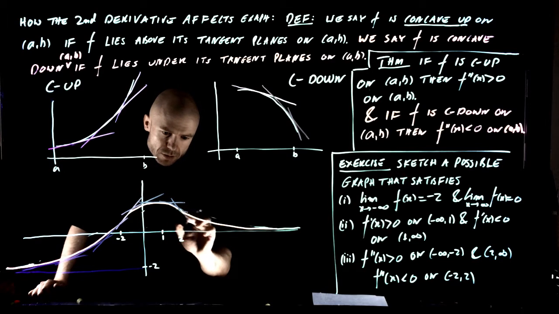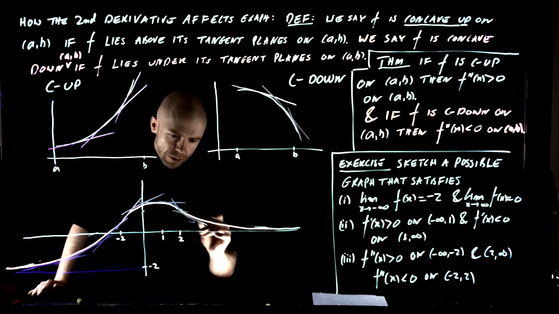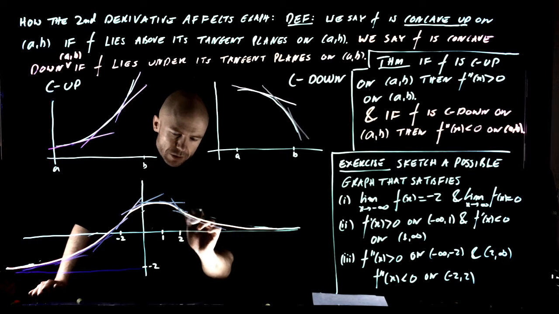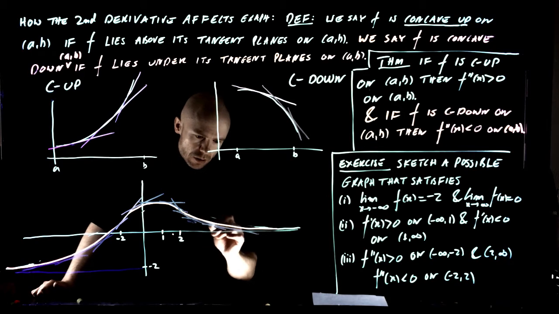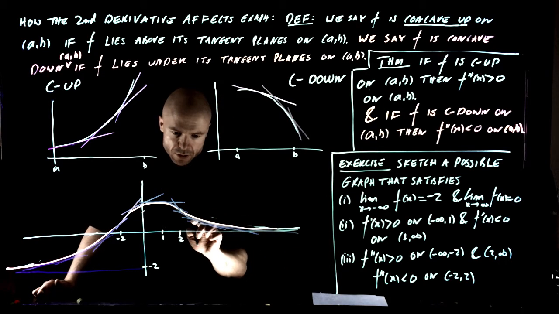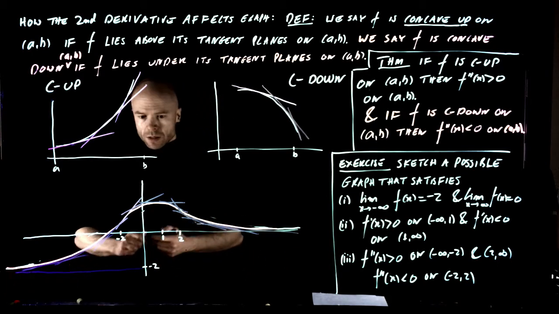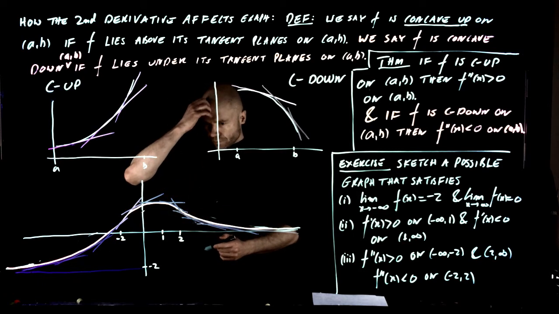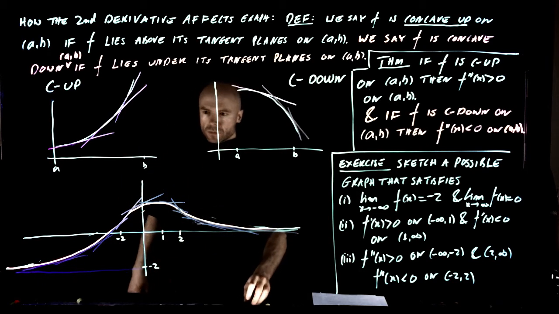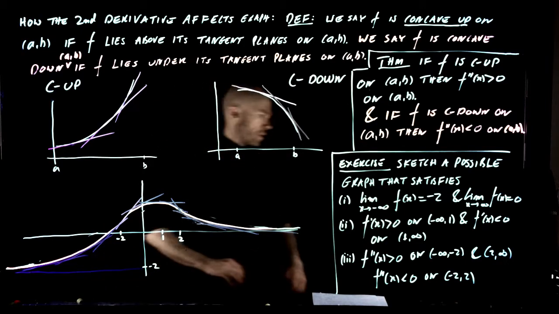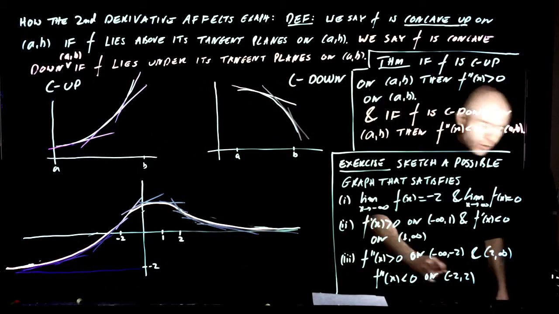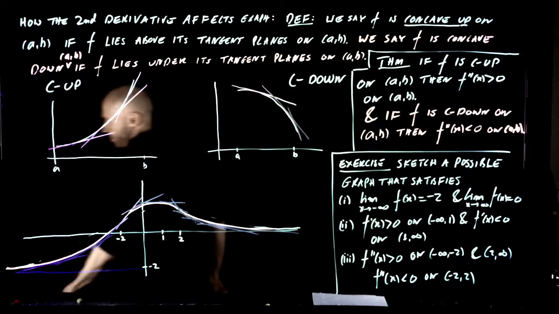So this is where it starts to be concave up again, and it's going to be above its tangent lines. Like this. Okay, good.